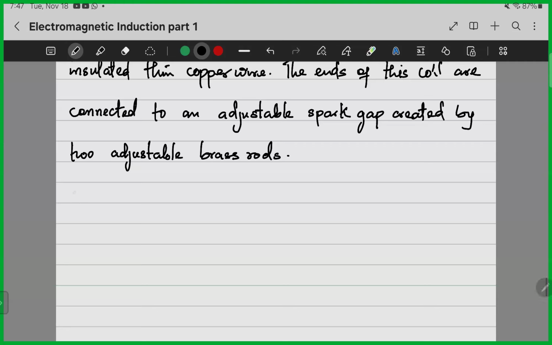So, made up of the primary coil, secondary coil.